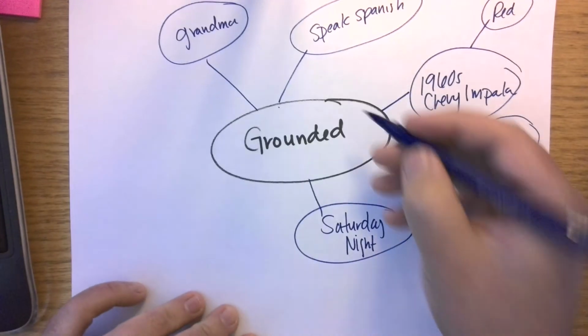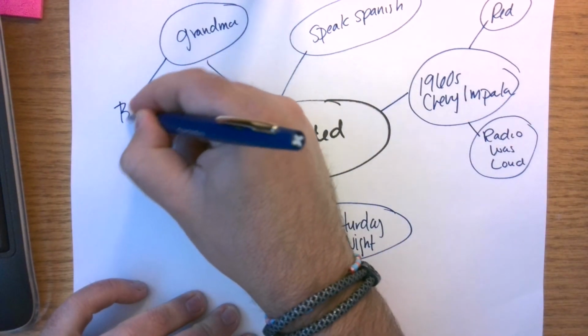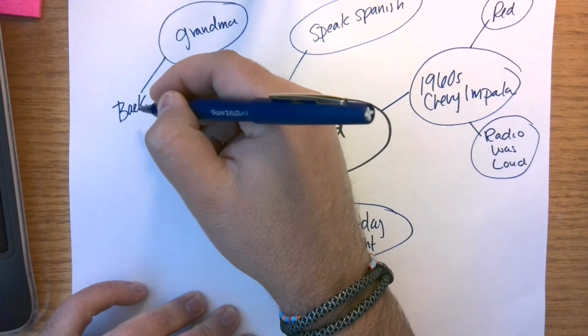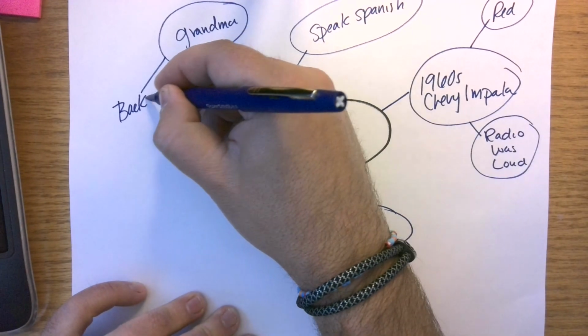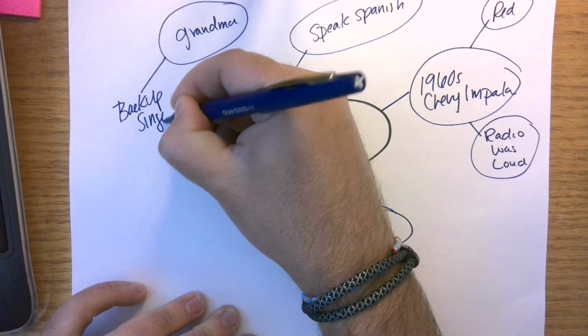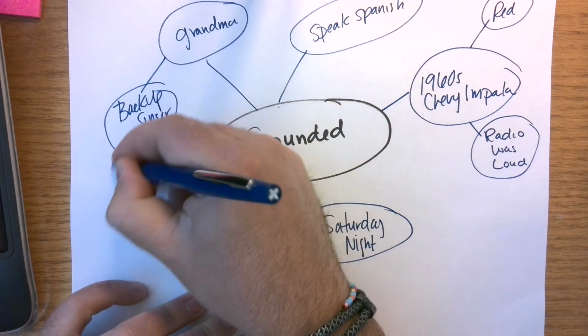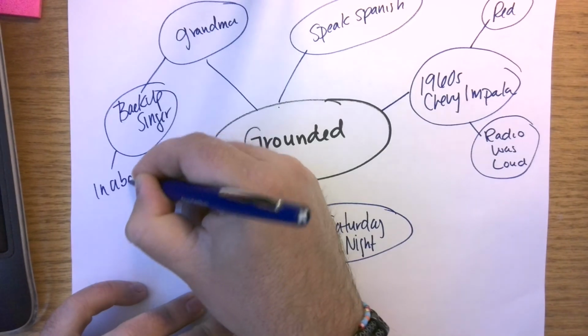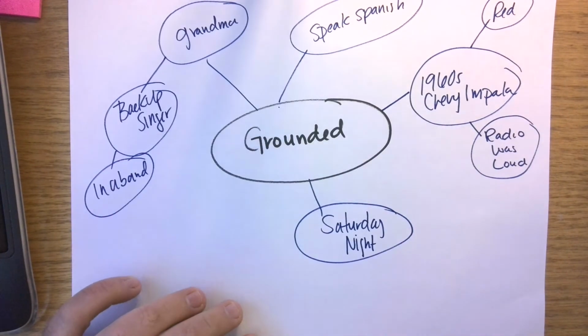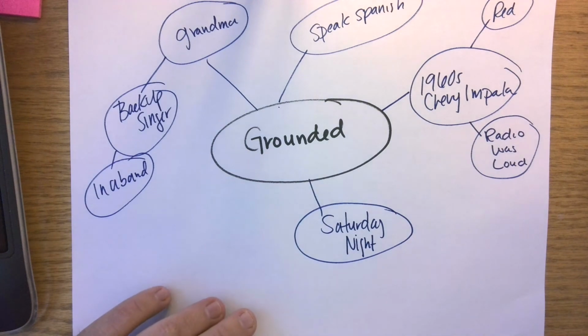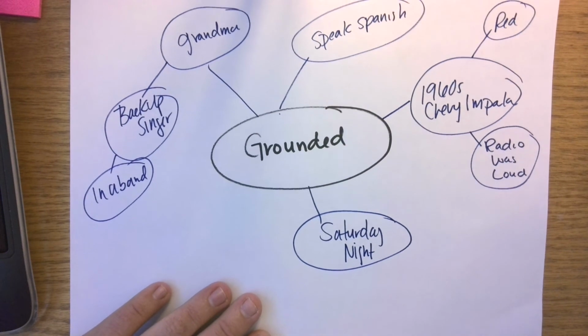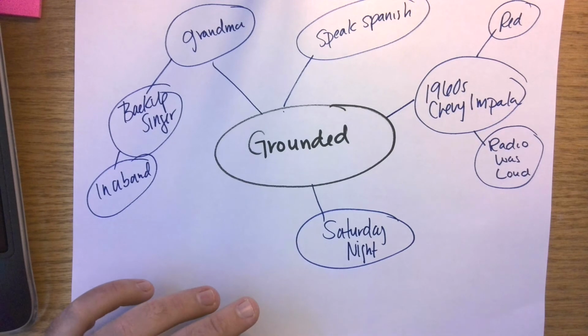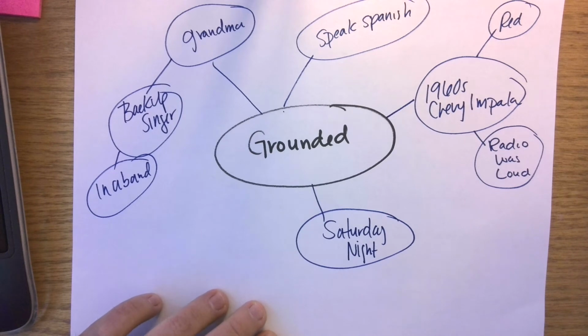And let's see, the grandma was a backup singer. I think that's what it says, right? Backup singer in a band. And you can see I'm doing this very sloppy, but that's kind of how it's going to be when you do it as well. Because you're going to be doing this quickly as your partner's reading or as you're reading it. You want all the details you can shove in here as you possibly can.